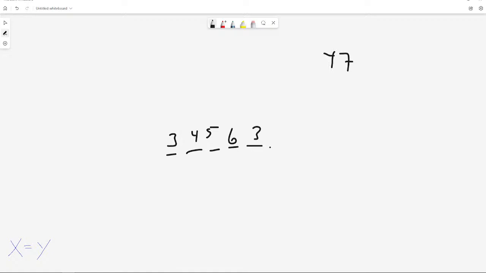This is the ones, this is the tens. The 5 should be here. Let's fix that 5. So this is the hundreds place. This would be the thousands and 10,000s.